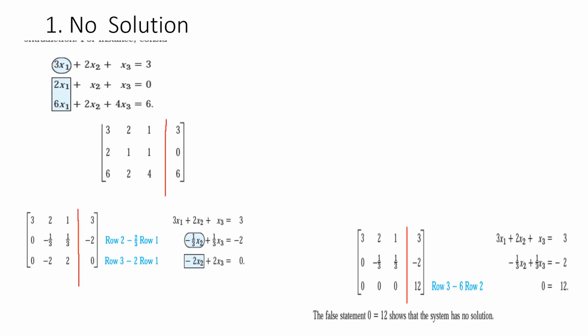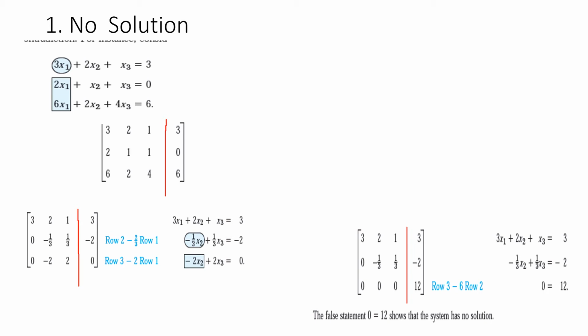We can consider the no solution case. We are given three equations and their augmented matrix is shown here. Suppose I perform the row operations row 2 minus 2 by 3 row 1 and row 3 minus 2 row 1. Then we get a reduced matrix.